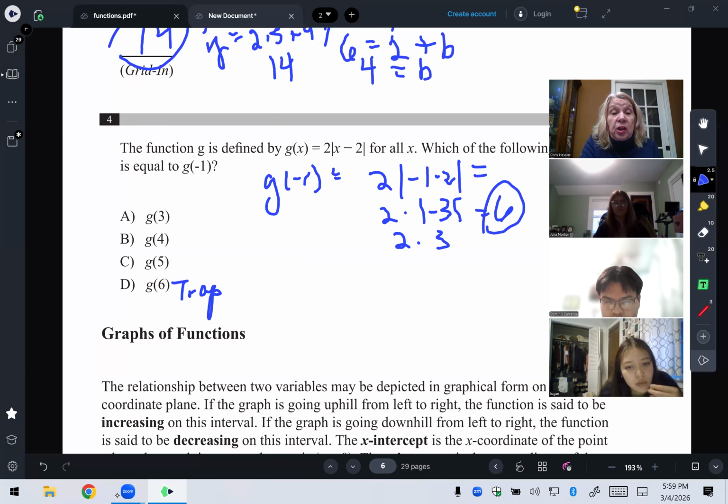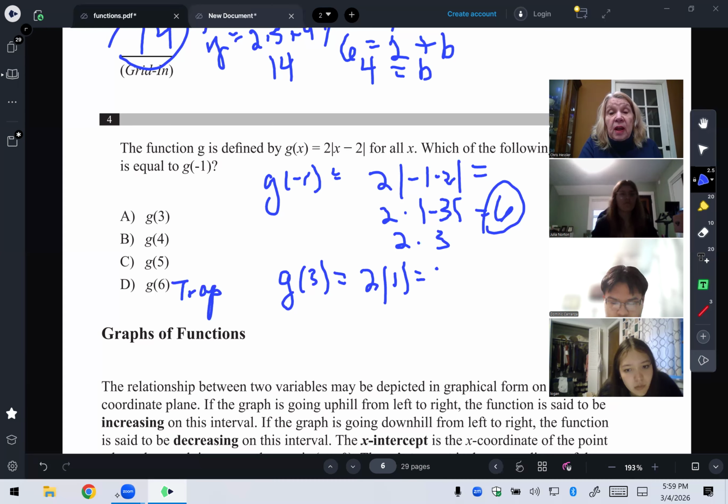So let's put in g of 3. That's going to be 2 times 1, which is 2, right? 2 times 1 is 2. I'm sorry. So if I put in a 3 there, 2 times 1 is 2, so that doesn't equal 6.